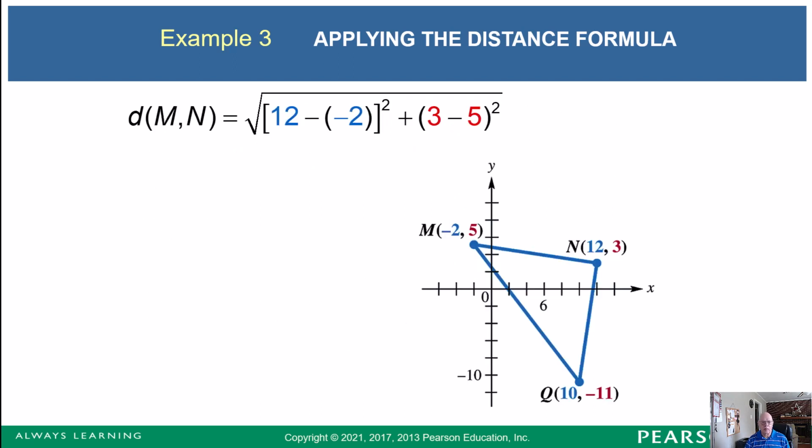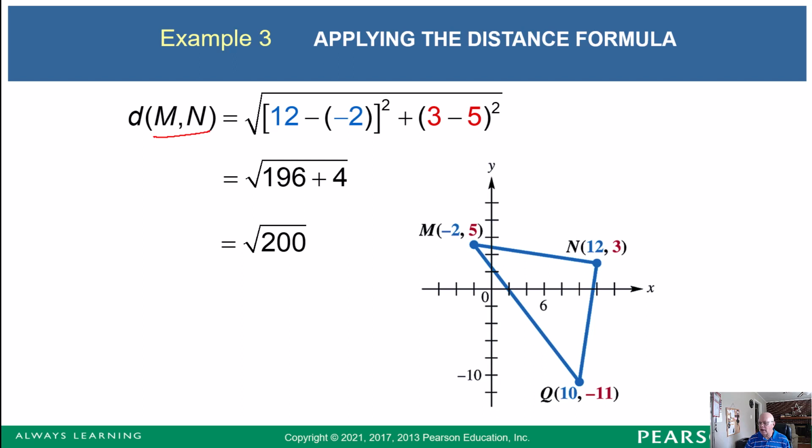So here we go. This refers to finding the distance from M to N, or vice versa. And here's our formula from the Pythagorean theorem. And the distance is the square root of 200. You might want to write that in.